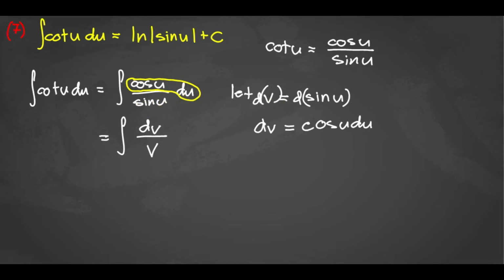Then we can evaluate this remaining integral, dv over v, which is the natural logarithm of v. In this case, our v here is sine u, plus c. Hence, this is the process of arriving at ln sine u plus c.